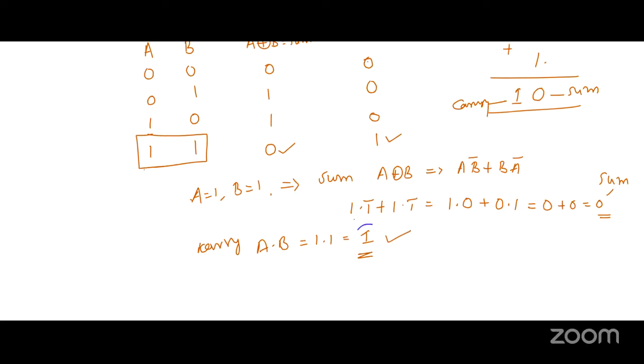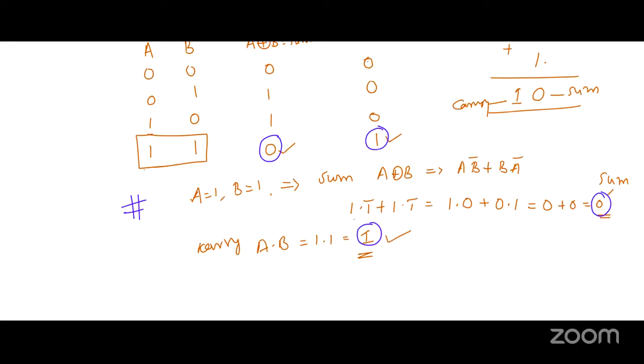Sum 0. So like this, from an examination point of view, you need to derive and substitute all these values, and you have to represent it like this. Okay, then only you will get the marks. Getting my point?